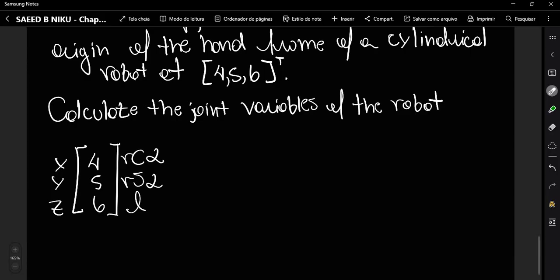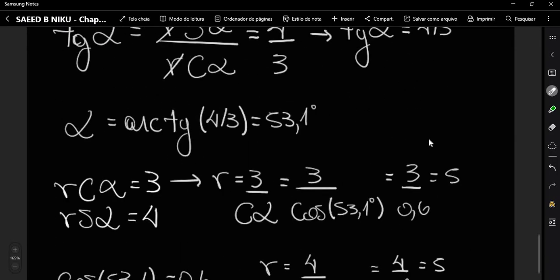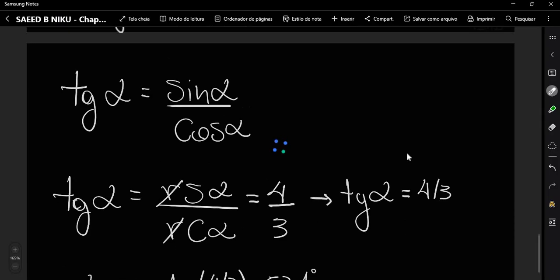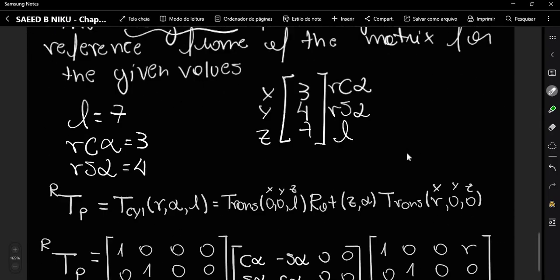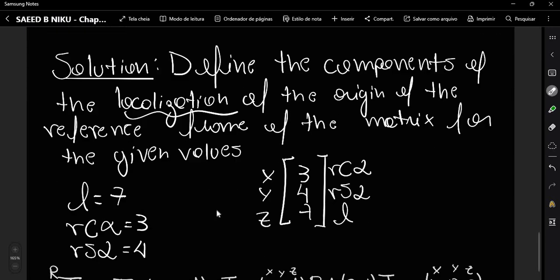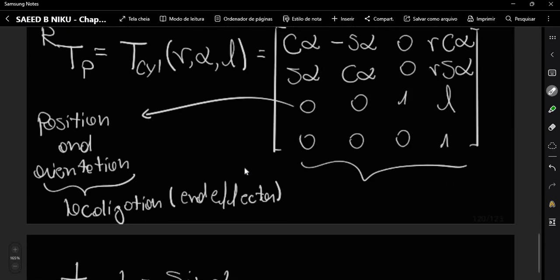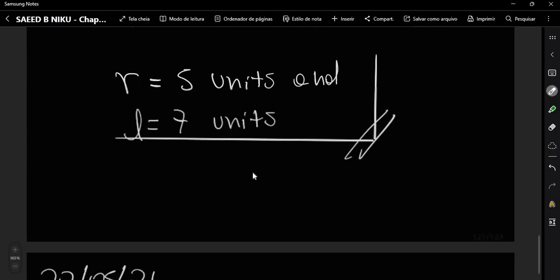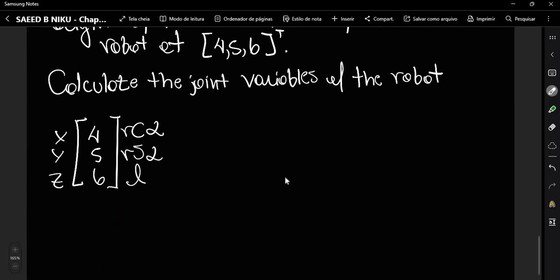For the solution, as we did in the last video, we had to define the components of the localization, of the reference frame matrix, for the given values. So that's easy now for us.